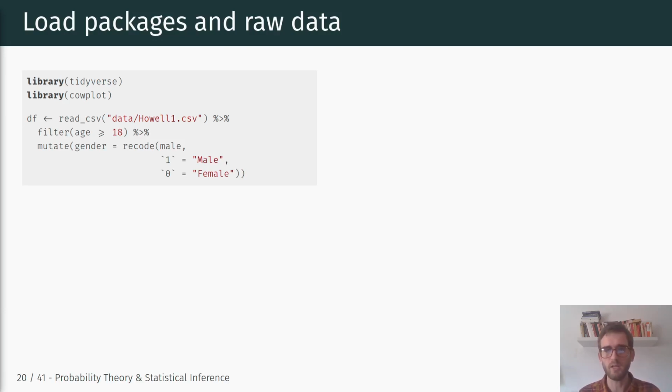The anthropologist Nancy Howell conducted basically a census of a foraging population in the 1960s in Africa, and collected data on people's height, weight, age, and gender. Okay, and we're going to use this data set from this anthropology study to look at the same distributions that we have displayed in the Gelman book, right?